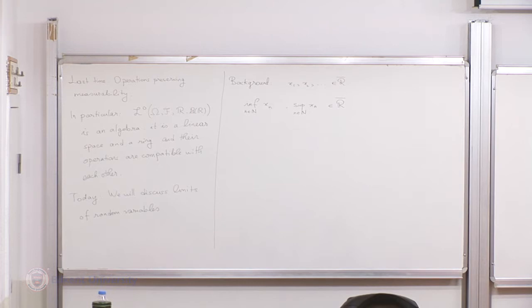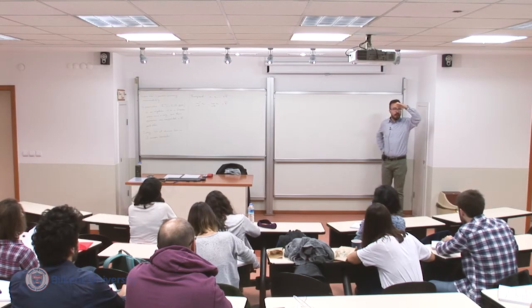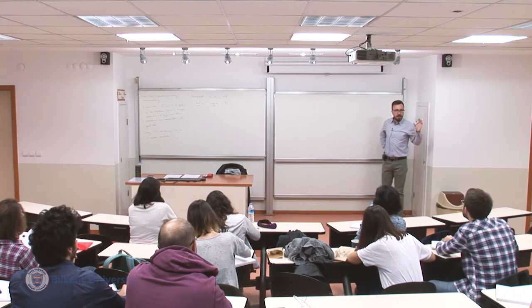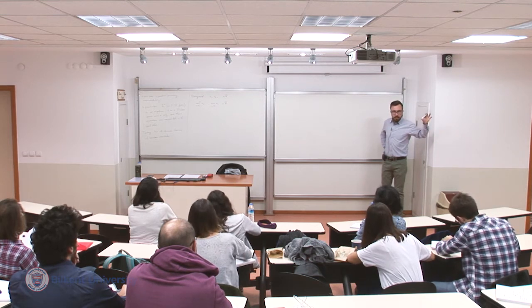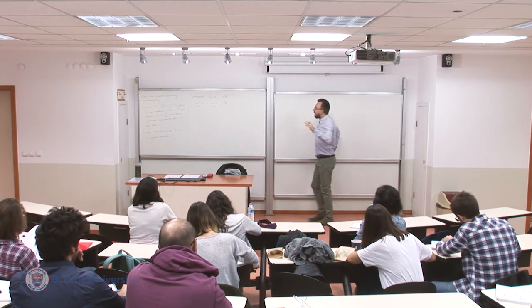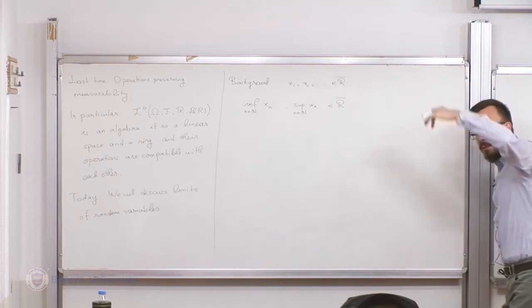It's not the minimum. Sometimes the minimum doesn't exist. Therefore, it is the greatest lower bound that you can find. For instance, if you look at the interval 0 to 1, 0 excluded, 0 is not an element of this interval, but you call it the infimum of this interval.